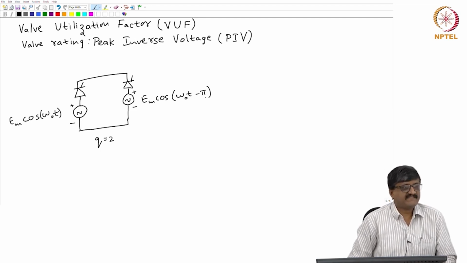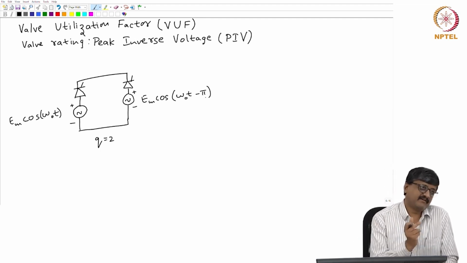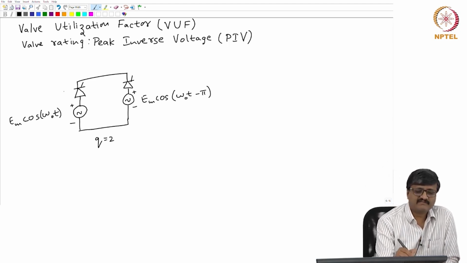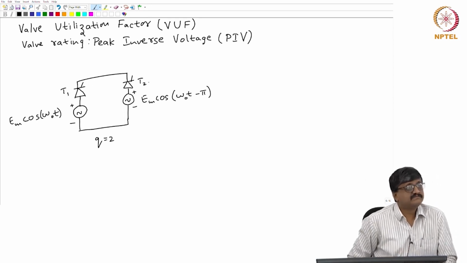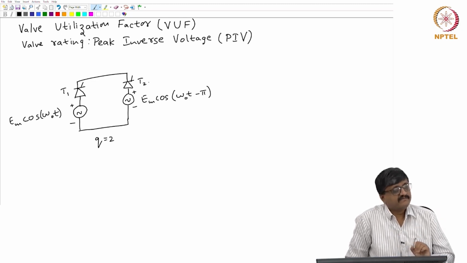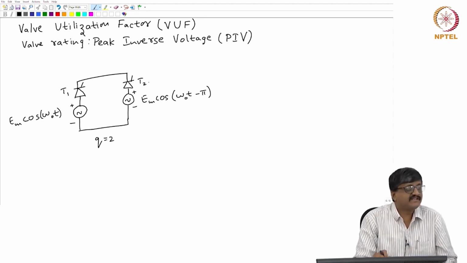Now, what is the maximum possible voltage that can appear across the thyristor? At any instant one of the thyristors is conducting. Let me call this T1 and this T2. The voltage across the thyristor is not a constant, because the voltages appearing here are sinusoidal.